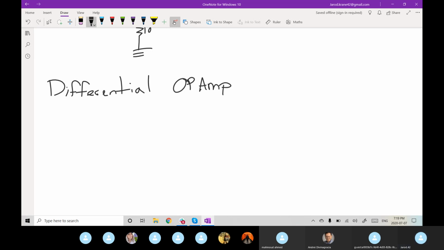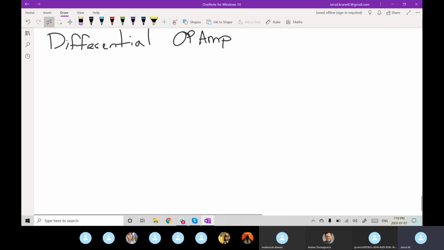It's slightly different compared to all of these other op amps, but the principles are the same, and it's just building on top of everything we've done.